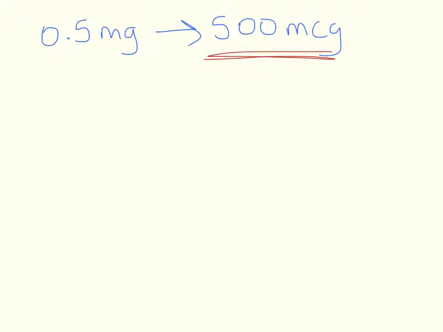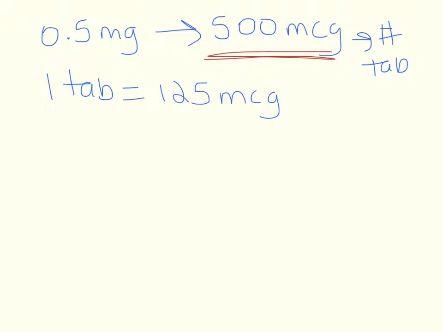So we're still going to use that in our answer to get to the number of tablets. That's where we're at now. So in the previous slide shown to you, it was shown that the one tablet is equal to 125 micrograms, and that is our second unit fraction. So to solve the question, we're going to blend these two knowns together.